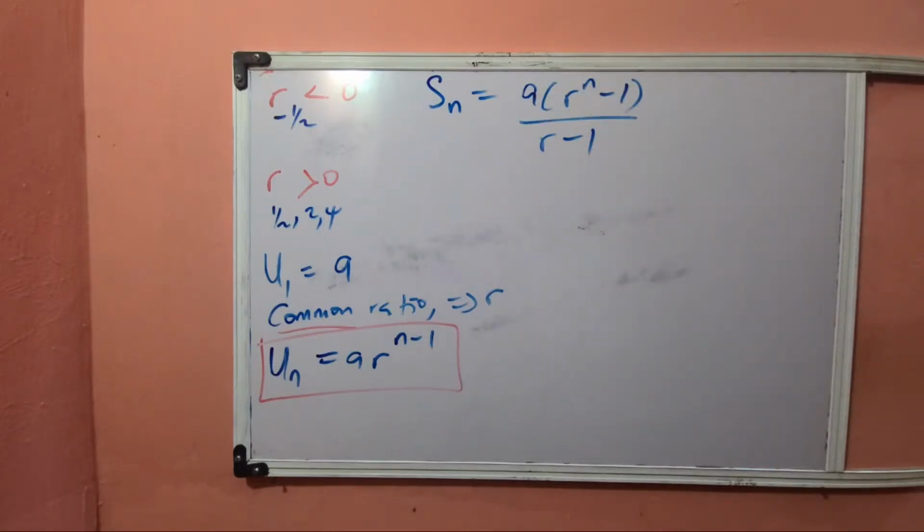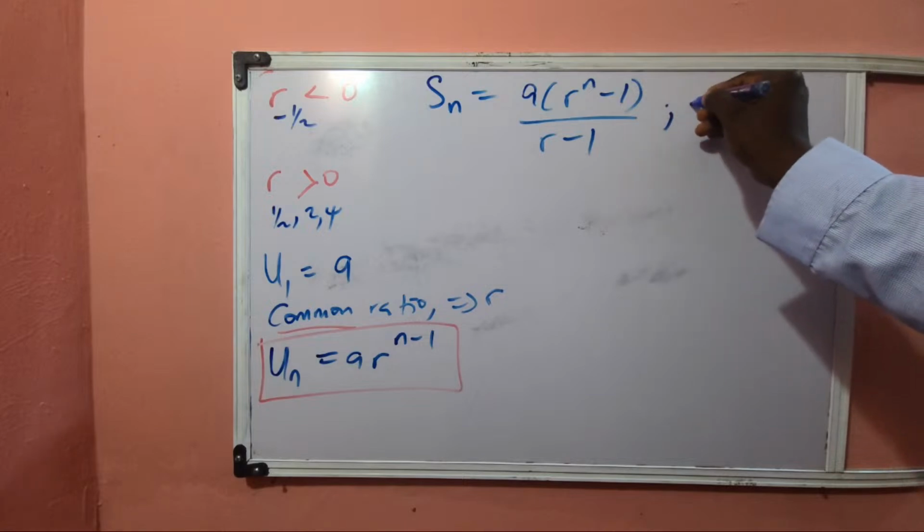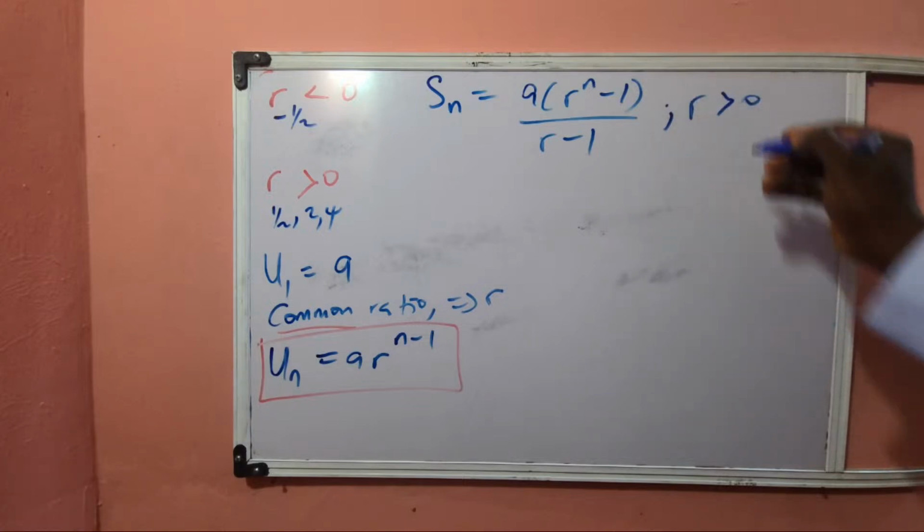You need to take note of this because this is one of the formulas you'll be using while solving questions under geometric progression. Sorry, this formula I gave you is for when r was greater than 0.